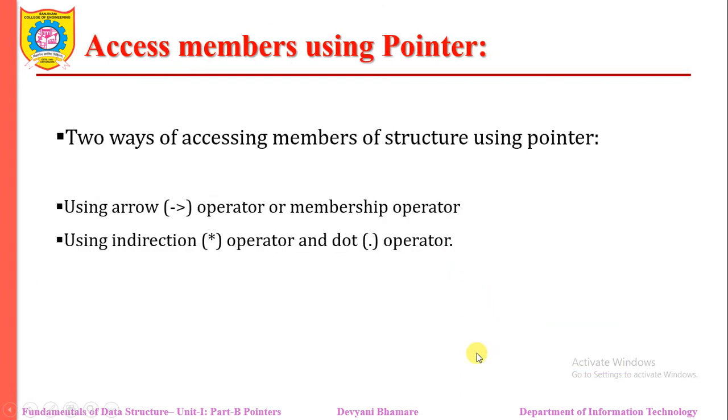In that case, we use the arrow operator. There are actually two ways to access the structure member by using a structure pointer. First, you can use the arrow operator, or another way is to use the indirection operator and the dot operator in combination.